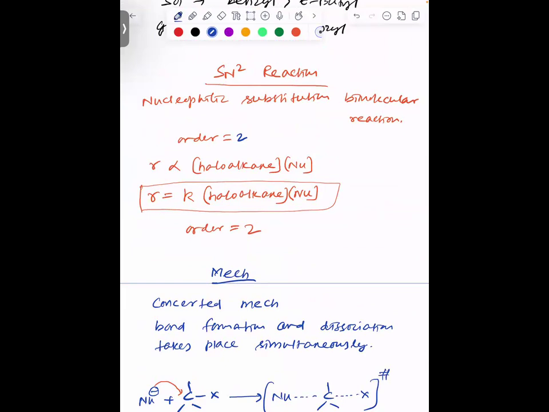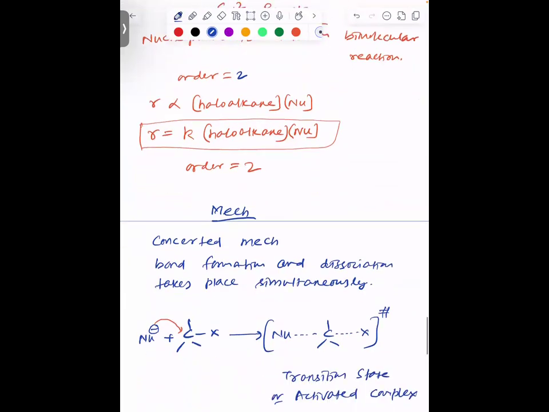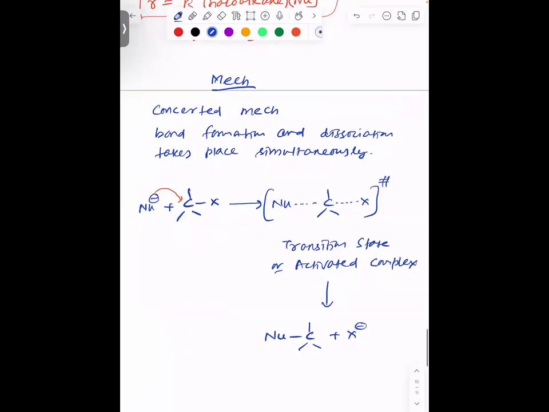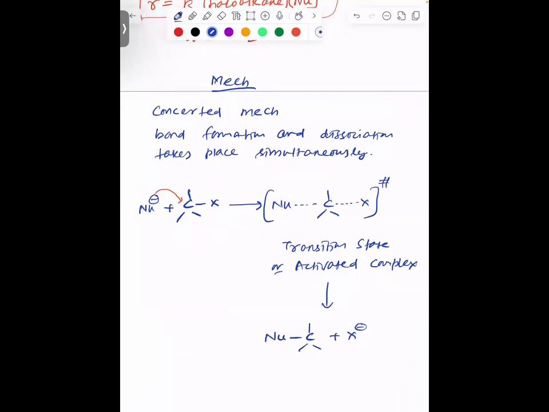So rate can be represented as the product of rate constant, haloalkane, nucleophile, order is 2. The mechanism follows concerted mechanism. That means bond formation and dissociation both are taking place simultaneously. So the name is concerted mechanism. Nucleophile attacks the carbon exactly from the opposite side of the leaving group.